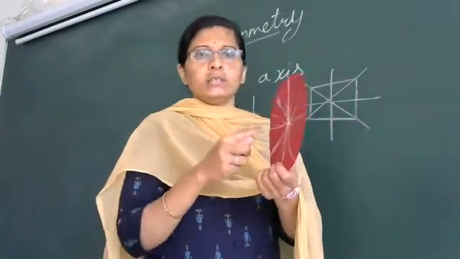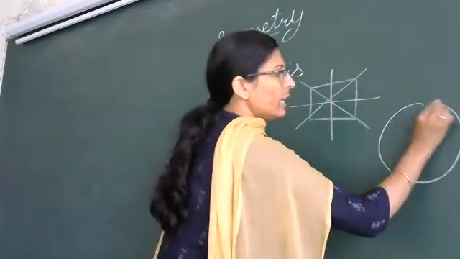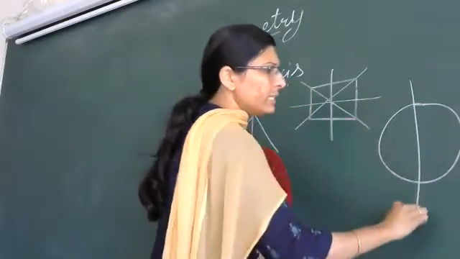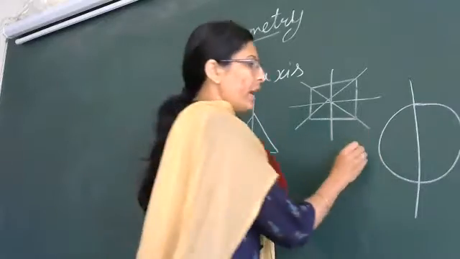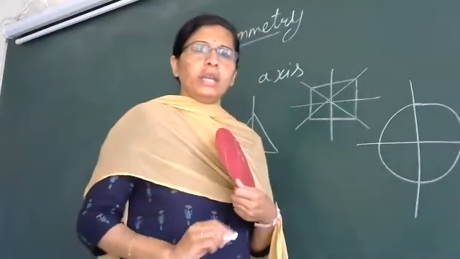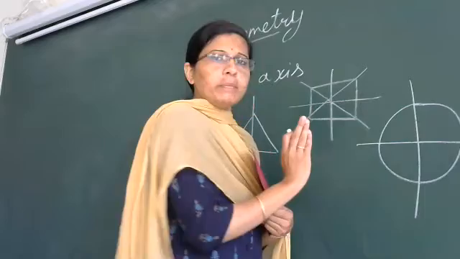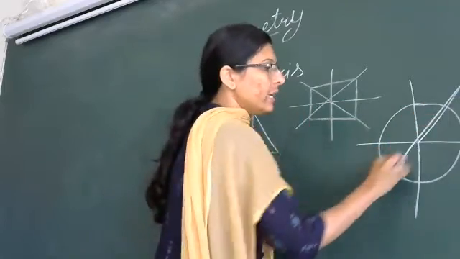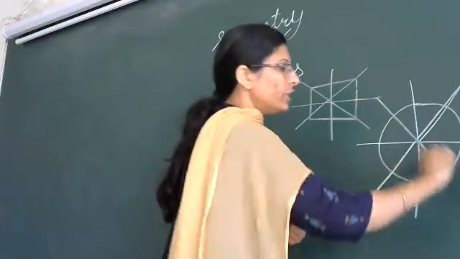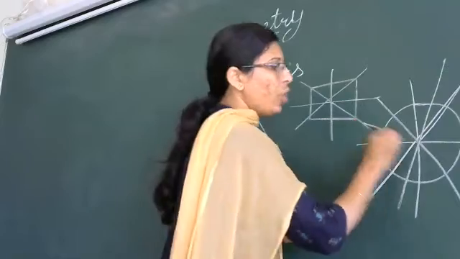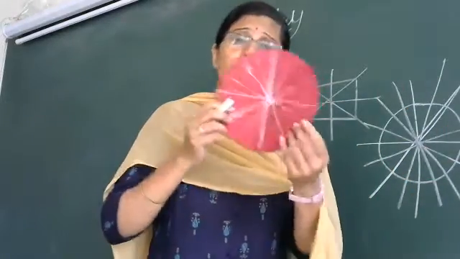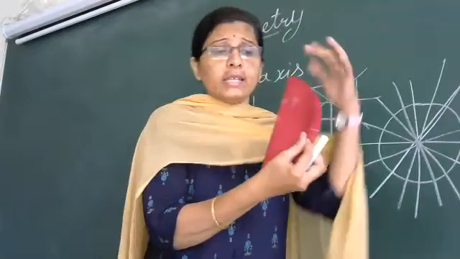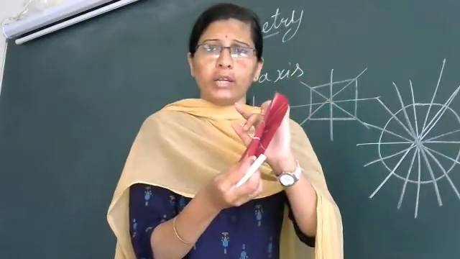See a circle. If we draw a line of symmetry like this, we will get the same shape. If I draw like this, then also I get the same. Everywhere, every time, if I fold like this, the same on both sides I am going to get.